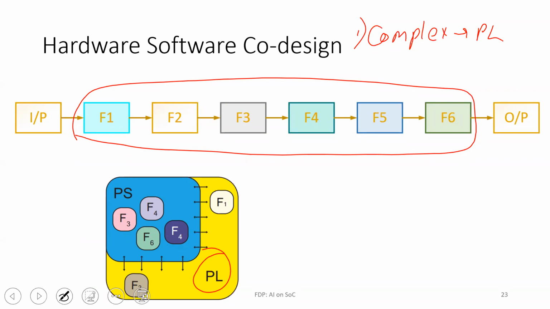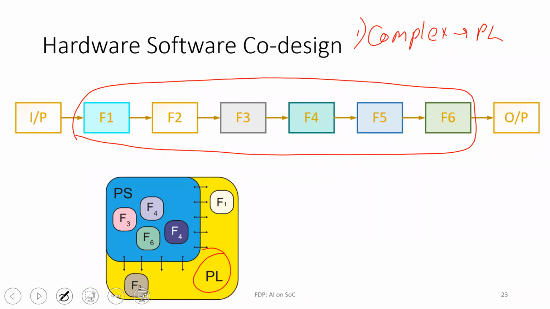Okay, so now in the code design phase, rather than running everything on our system, we would like to interface the design we are doing for that functionality, and we will not run that code into our system. So one thing is that whatever is the complex part will move to the FPGA, right? Second is that the control path on the processor, and I'm happy to see this answer.